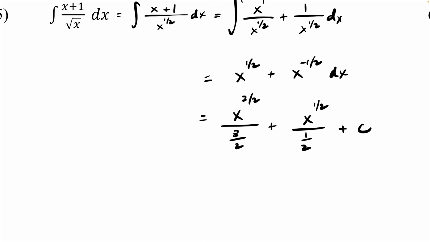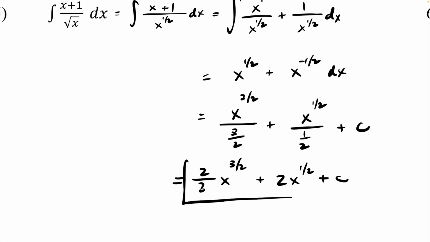Well, what's the rule with dividing by fractions? Instead of dividing by fractions, you multiply by the reciprocal. So what's the reciprocal of 3/2? 2/3. So it's just multiply by 2/3. And multiply by 2/1, which is just 2. There you go.